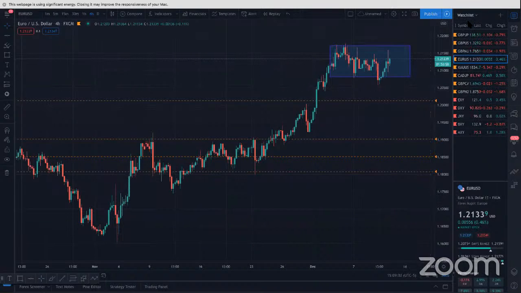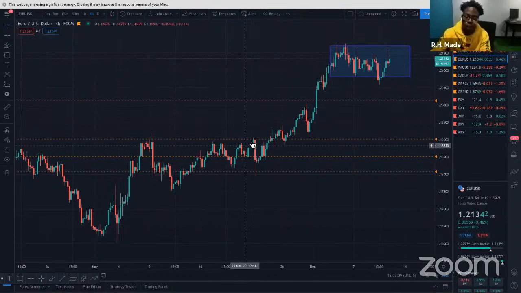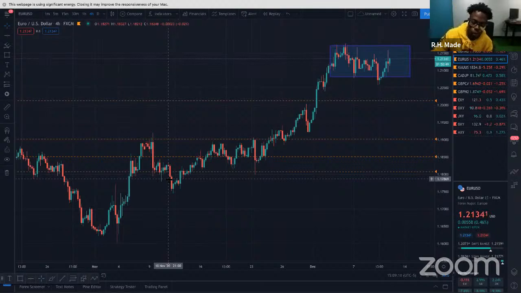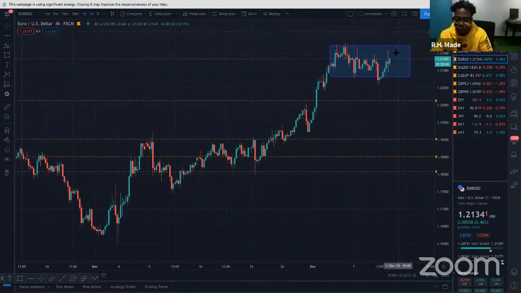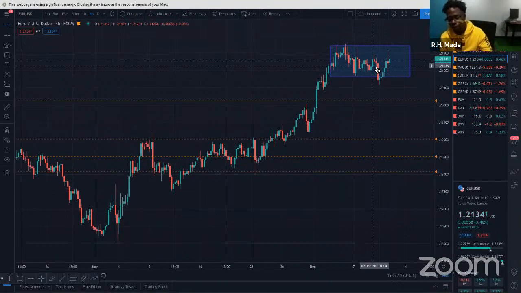You wouldn't want to get into that now because it's steady. Right now it's just moving up and down, up and down. But let's say you accidentally get into a trade for some reason. You see a trade idea, and even though it's consolidated, you still want to get into it, and you get into it for a buy.